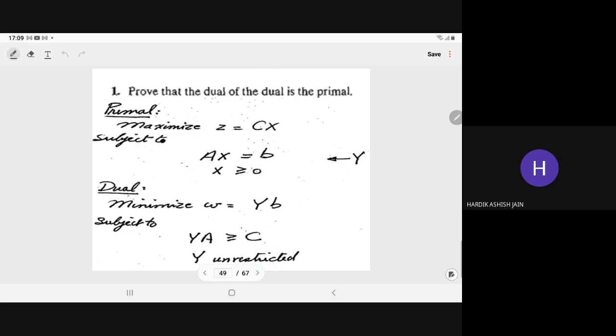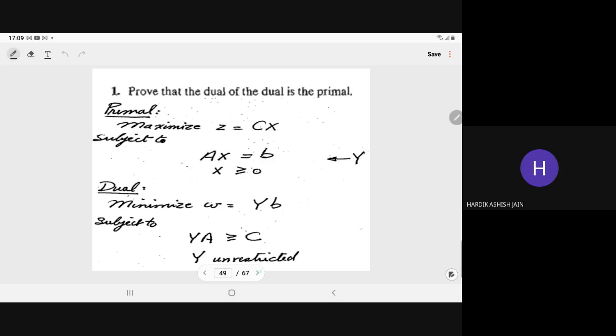Here, when we had to prove that the dual of the dual is the primal, at that time we took the problem maximize z = cx subject to Ax = b, x ≥ 0. And here we get w = yb, subject to yA ≥ c, and y is unrestricted in sign.